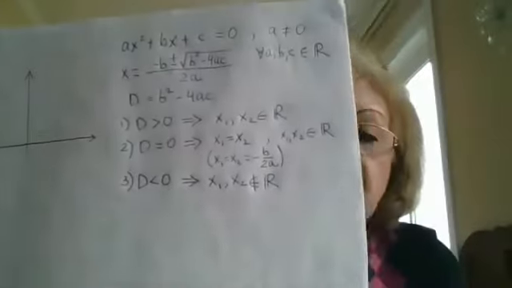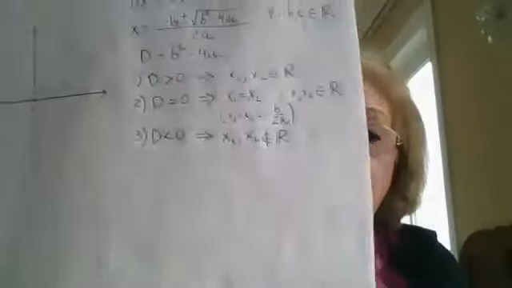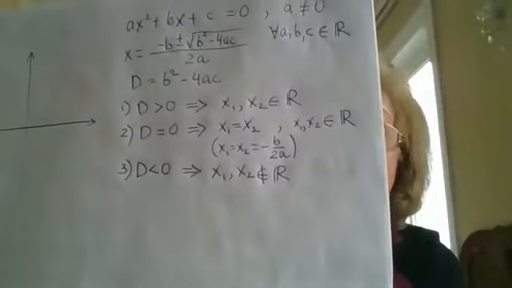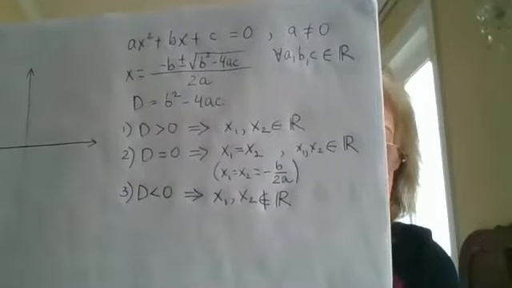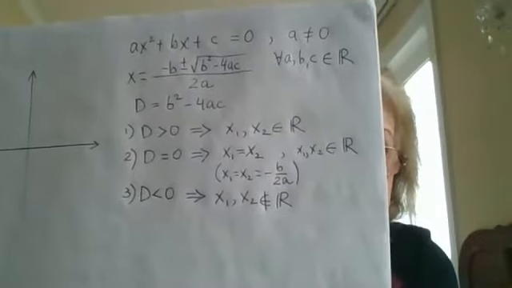So what do we have in this case? Yes, we have two solutions, but I'm going to write something and you will understand what I mean. Look what I wrote. I wrote down x1, comma, x2. Can you see I crossed that symbol which means belongs to?